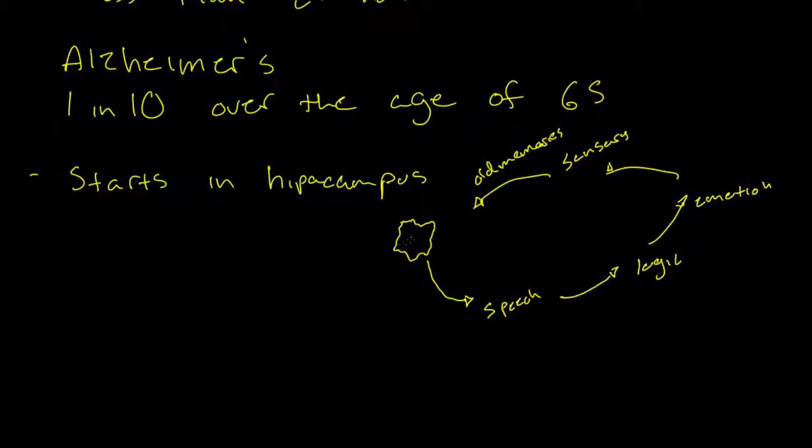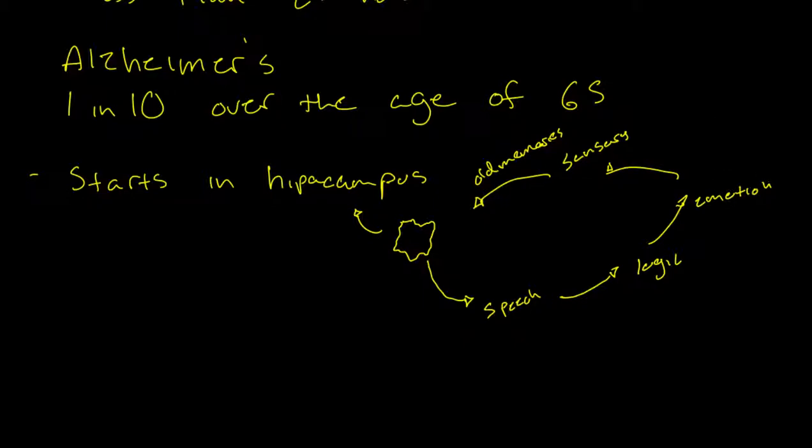And so these cells will start to destroy the hippocampus, and after that, they move on to different parts of the brain. They cycle through the brain, and the symptoms you see for Alzheimer's show you what part of the brain is being destroyed.